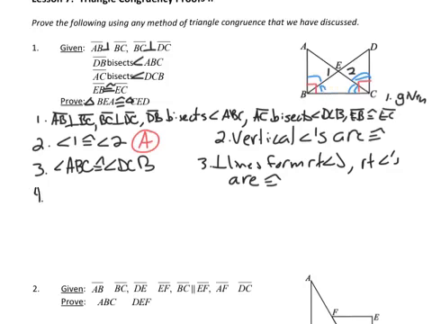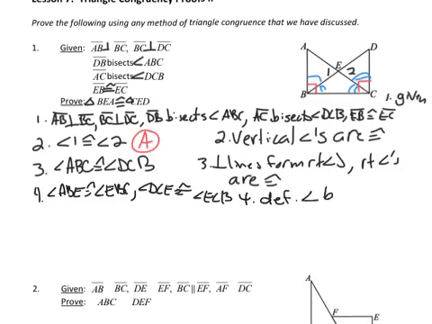So we're going to say that angle ABE is congruent to angle EBC, and angle DCE is congruent to angle ECB. And definition of an angle bisector, or bisector divides an angle in half. This was just shorter because I'm running out of room.